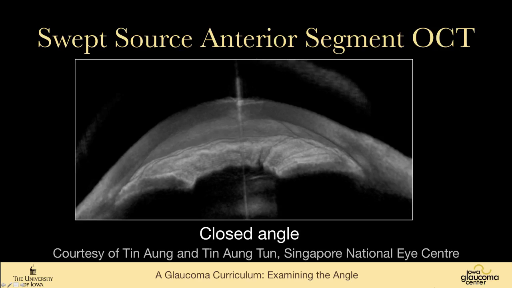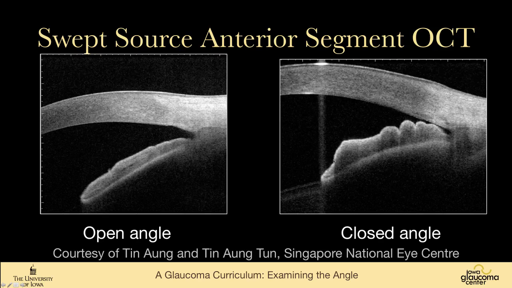This is given to me from the Singapore National Eye Center, showing a swept-source OCT that actually allows you to look into this angle that's closed. Really beautiful imagery. Another swept source OCT example shows an open angle on the left and a closed angle on the right.